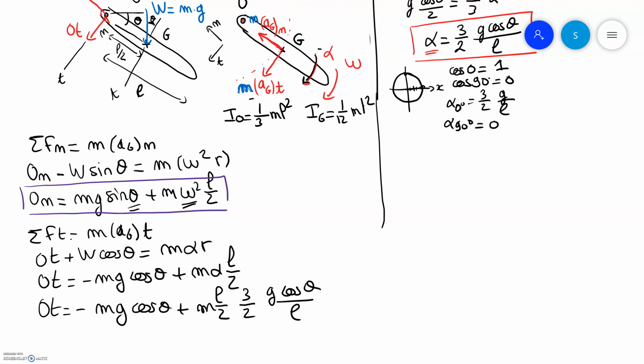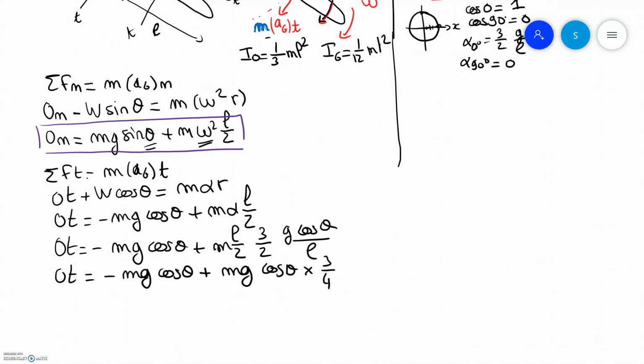I know it's a lot, but we will simplify. OT equals minus mg cosine theta plus mg cosine theta, L divided by L, and times 3 divided by 4. So we have minus 1 plus 3/4.